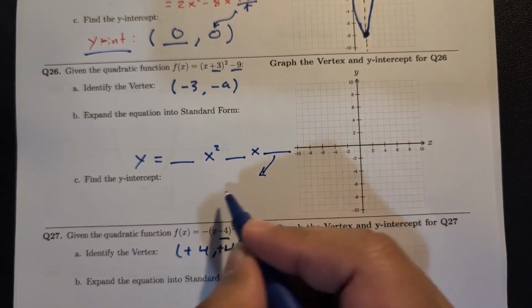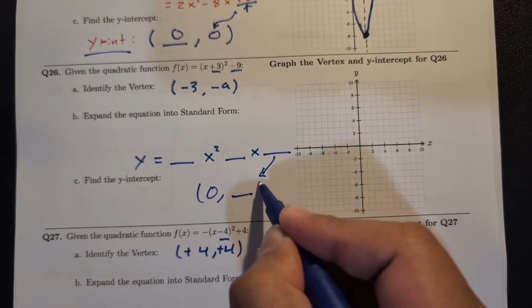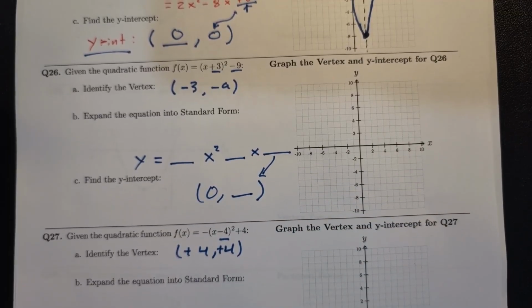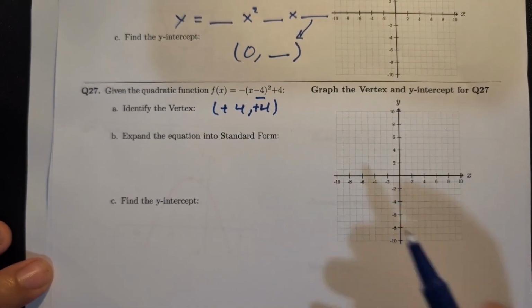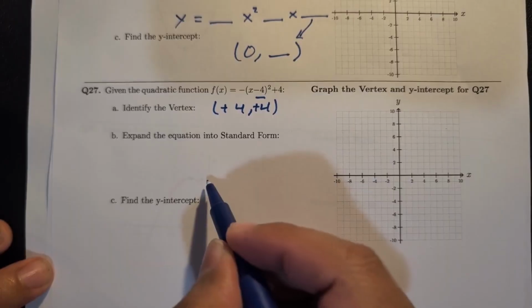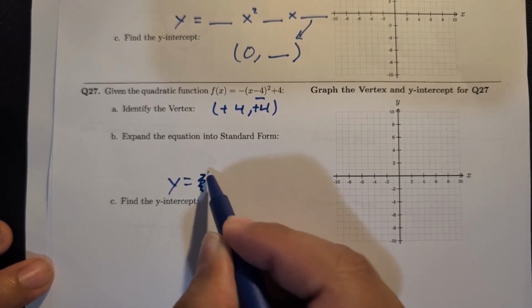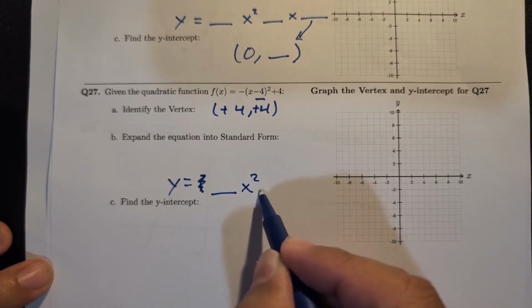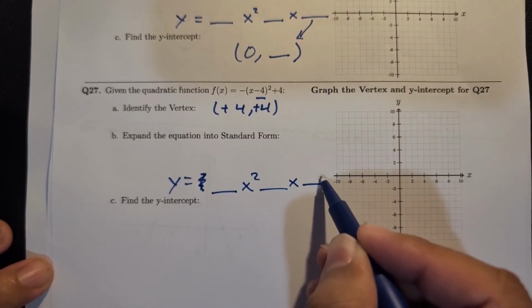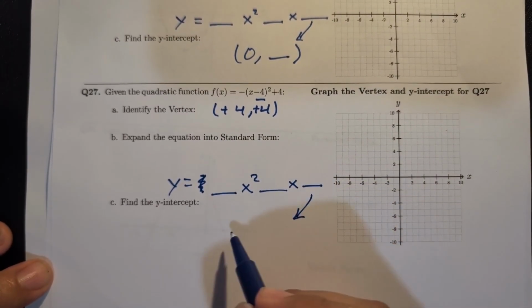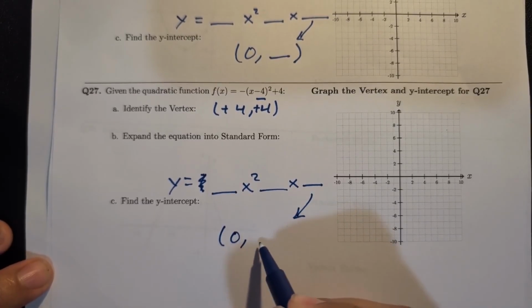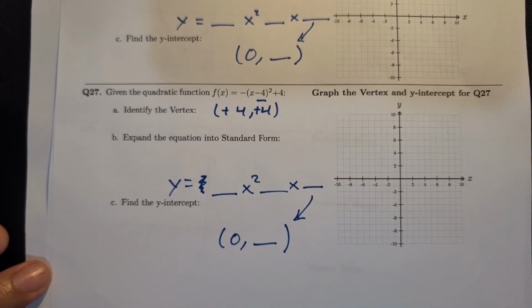Your last number is your y-intercept every single time. That very last thing is your y-intercept, 0, comma, something.